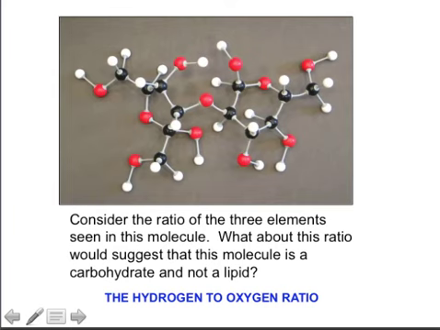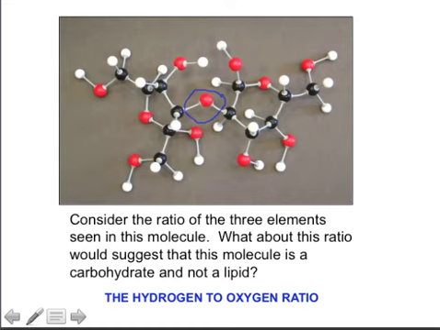Okay, and this molecule, what we do is we hook two monosaccharides together, and we do that by forming this novel bond here between the two hydroxyl groups of two adjacent sugars. This bond is called a glycosidic bond, and it's formed by dehydration synthesis. This is a reaction that requires an energy input.